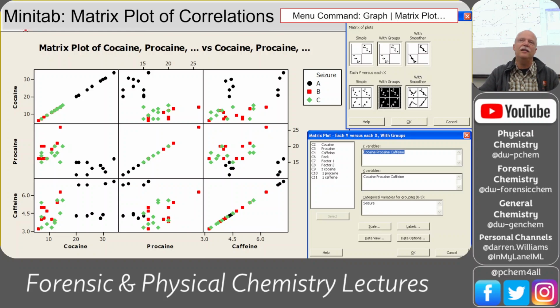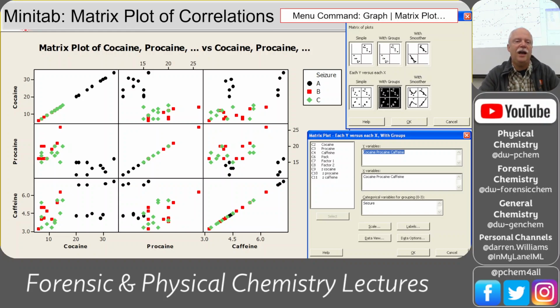And it's real easy to do because you just tell Minitab. Let's say I have 5 different compounds with different compositions. Then this would be a 25 panel plot. It'd be 5 different groups of data, everyone plotted by everyone else.